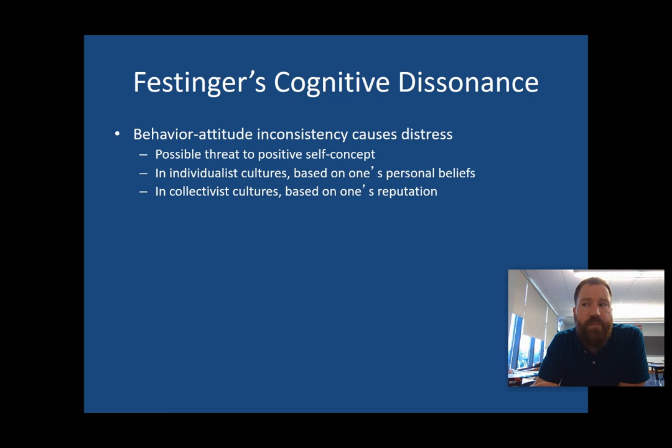Maybe my attitude that animals should be treated well causes cognitive dissonance with the fact that I eat meat or something like that. So that causes an internal stress reaction, according to Festinger.